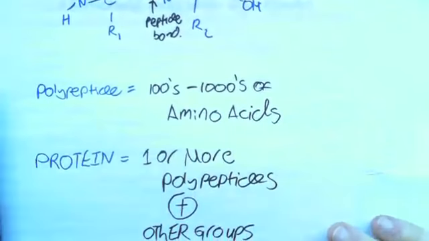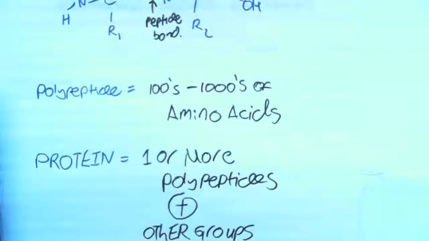And as we said, a protein is one or more polypeptides plus other groups. So proteins can have a lot of other prosthetic groups. For example, hemoglobin has the prosthetic group heme, which contains iron, and I think it's a quarter or a third of all proteins actually have inorganic groups attached to them that are crucial in their activity biologically.